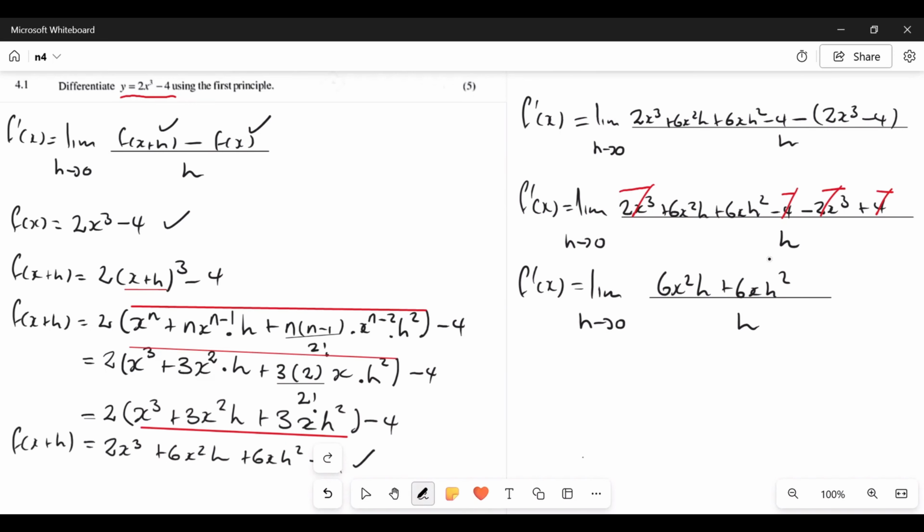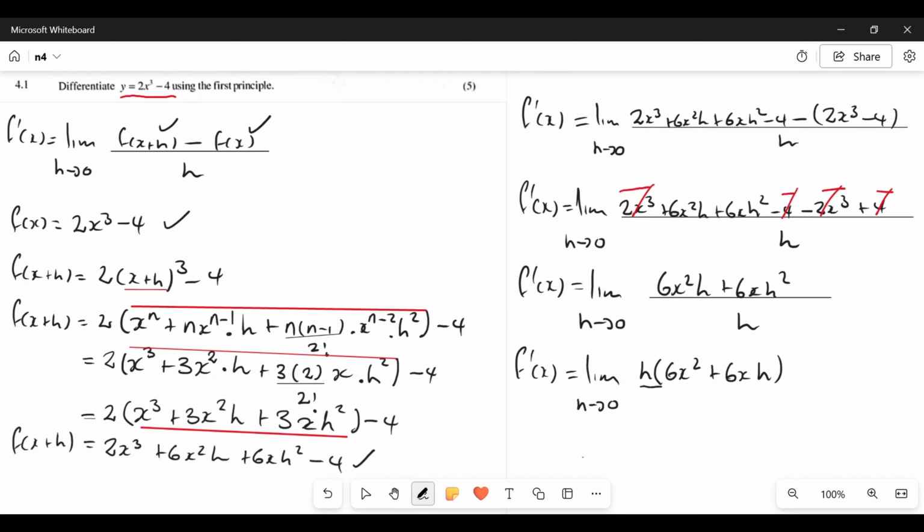So let's continue. As you can see, on the numerator, we have two terms and both of them contain h. So it means we have the common factor. So if you continue, we have f of x prime is equaling to limit h approaches 0. If you take out the common factor on the numerator, we're going to have h. On the first term, we're going to be left with 6x squared plus 6x h.